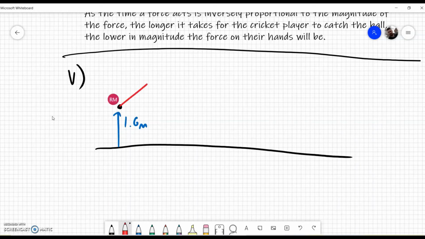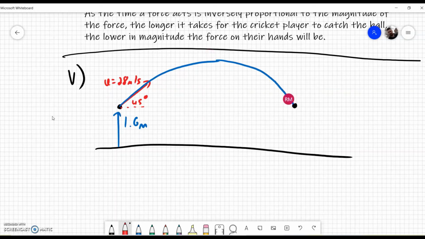The person throws the ball at U equal to 28 meters per second, at 45 degrees to the horizontal, as we were told. We know the ball will take a parabolic curve under the force of gravity, and it will land once again at a point that is 1.6 meters from the ground. So that gives me all the information that I want.